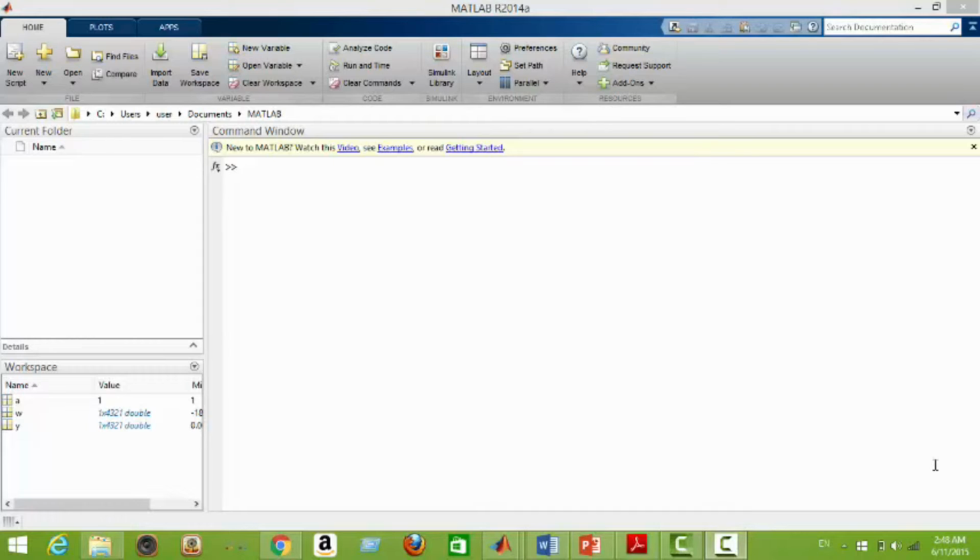Hello everyone, here I would like to show how to plot the graph of both the amplitude and phase spectrum using MATLAB. First of all, we need to declare all the variables in the function.